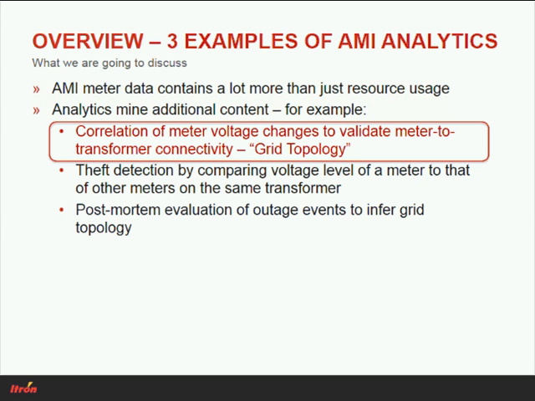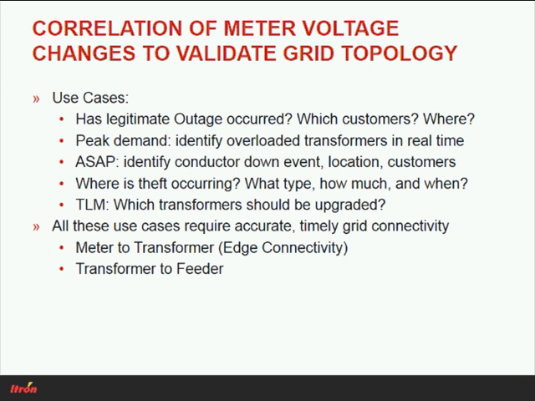First example is how to correlate meter voltage changes to validate meter-to-transformer connectivity, or grid topology. Why do we care? Grid topology, or specifically connectivity, has become quite an important subject because almost no analytics can be done correctly if we don't know exactly which meter is attached to which transformer, and also to some extent which transformer to feeders.